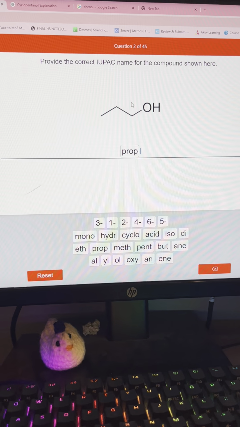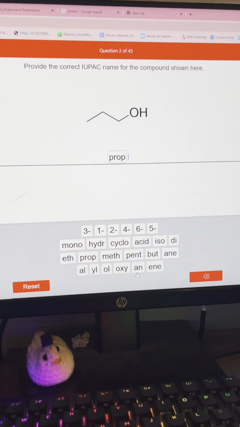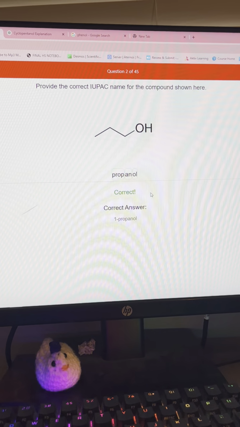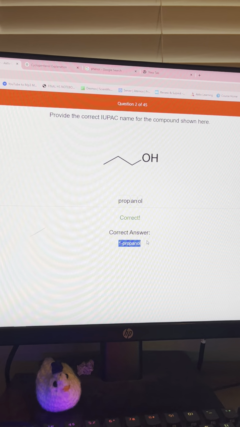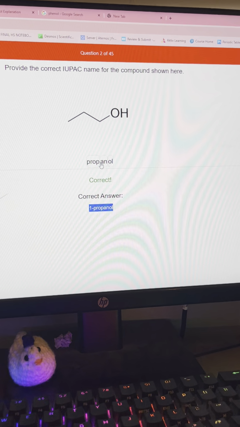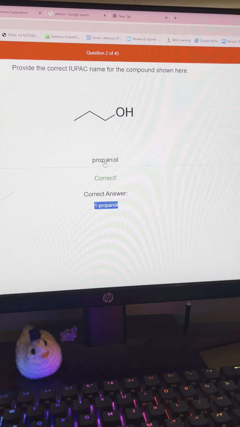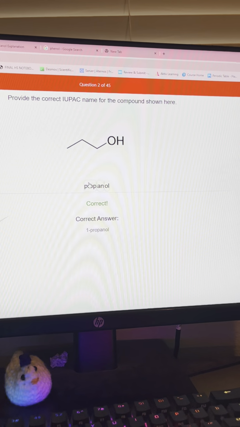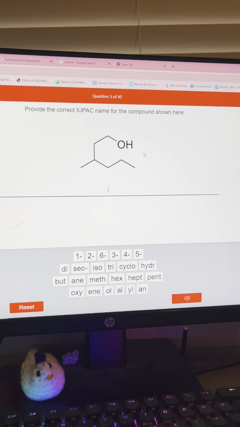Then remember we have to do propanol. You could put the 1, which tells us what carbon the alcohol is at. If you're doing an alcohol, remember you have to put an 'an' and then 'ol', propanol. That's not the correct IUPAC name. So propanol, like that.